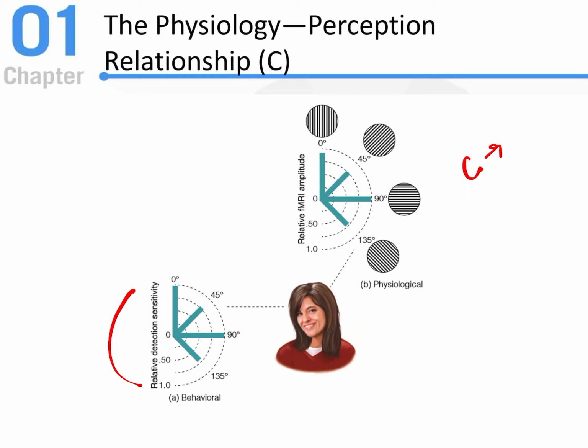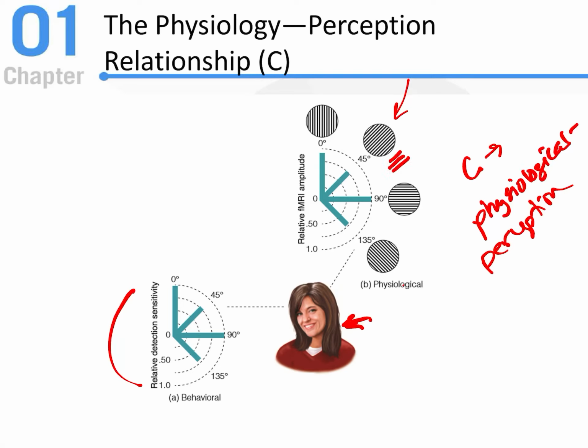So remember, C is physiological perception. So this woman here says, okay, I see that the lines are slanted.